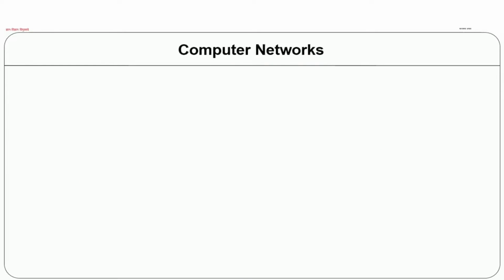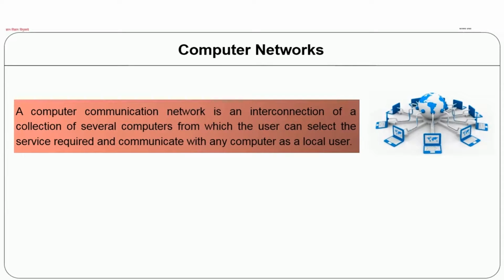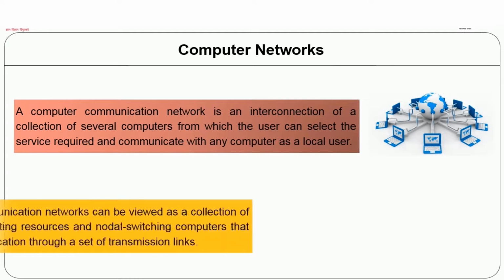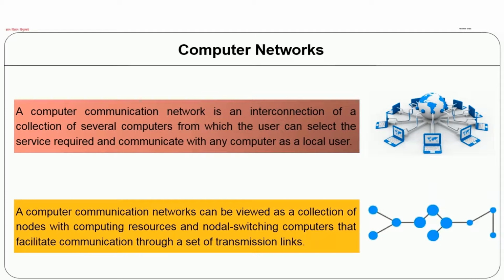Computer networking can be defined as a group of interconnected systems sharing resources and interacting using a shared communication link. Communication networks can be viewed as a collection of nodes with computing resources and nodal switching computers that facilitate communication through a set of transmission links.